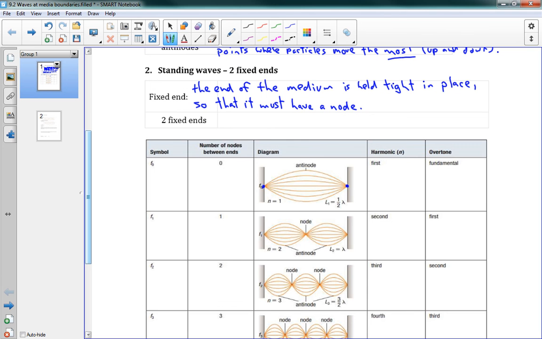So when it has two fixed ends, it's also called fixed, fixed, and we see these the most in string instruments.